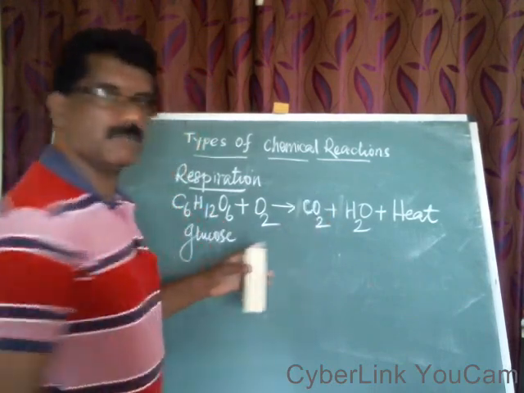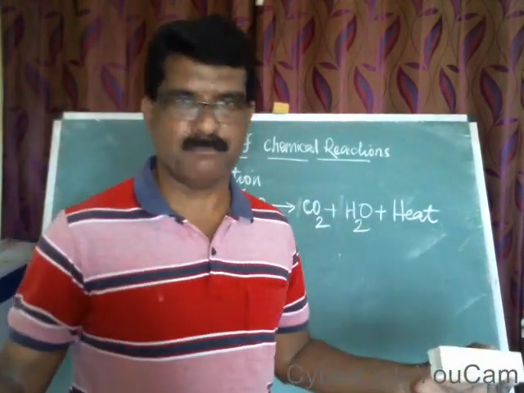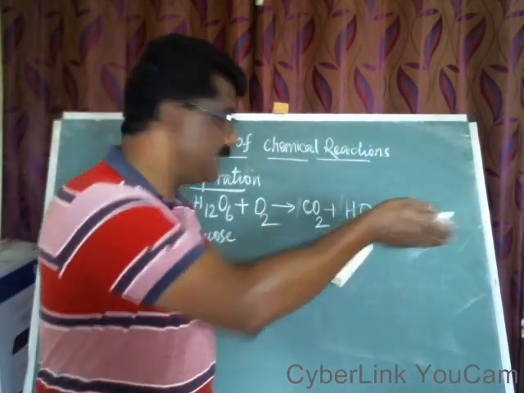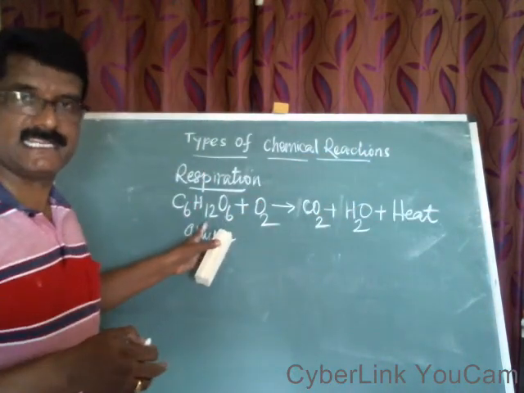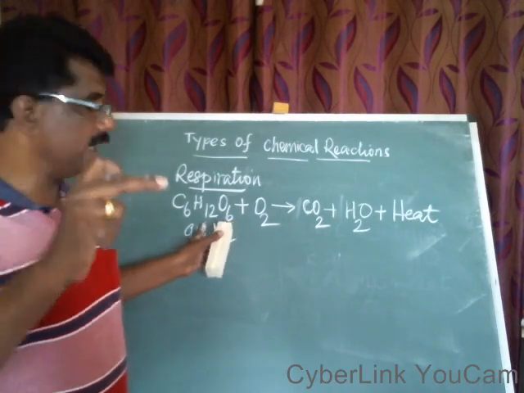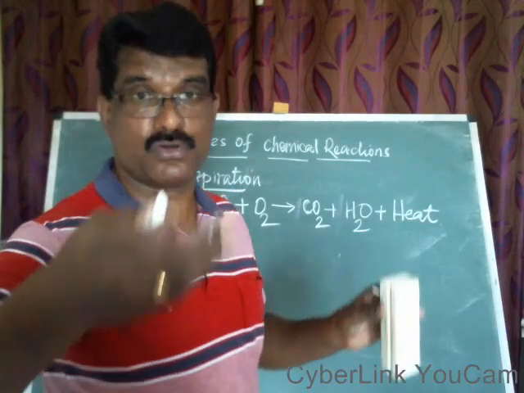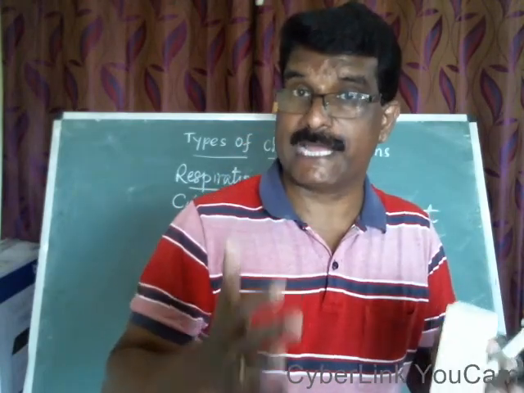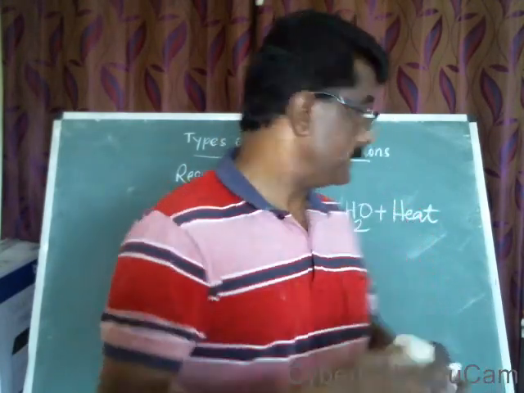So it is imbalanced. On the right-hand side only 2 hydrogen, but here 12 hydrogen are there. So let us begin with hydrogen, because that is in more. We can start balancing by looking at the atom having the larger number.